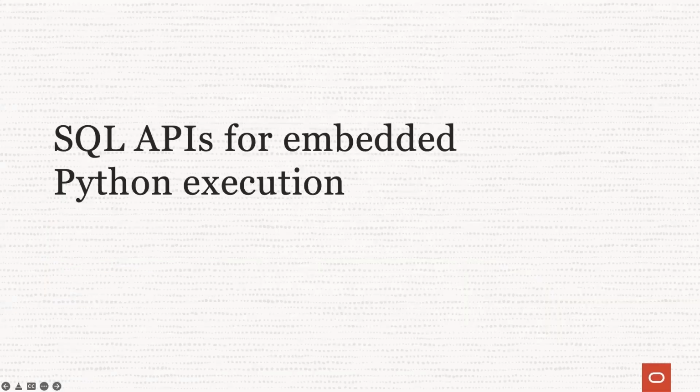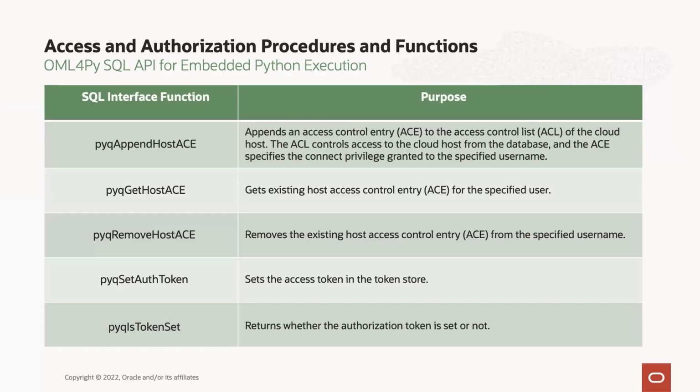All right, fantastic. So now let's take a look at the embedded Python execution functions that are available in the SQL interfaces. Let's first take a look at the access and authorization procedures and functions that are supported by the SQL API for embedded Python execution. These functions use the Network Access Control List, or ACL API, to control access by users to external network services and resources from the database itself.